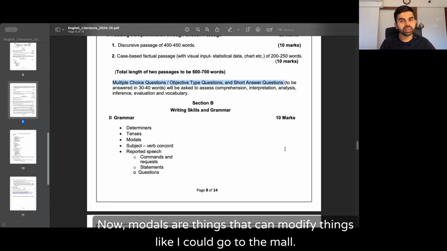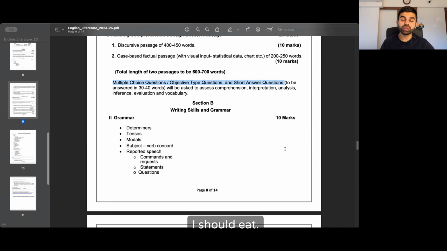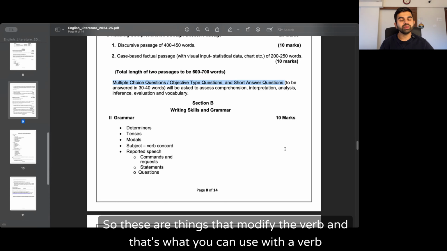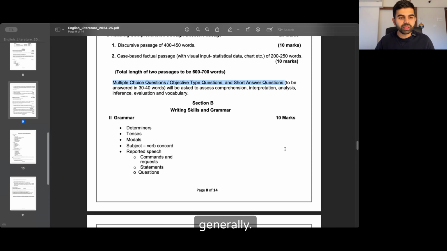Now, modals are things that can modify things like I could go to the mall. I should eat a healthy meal. So these are things that modify the verb, and that's what you can use with a verb generally.